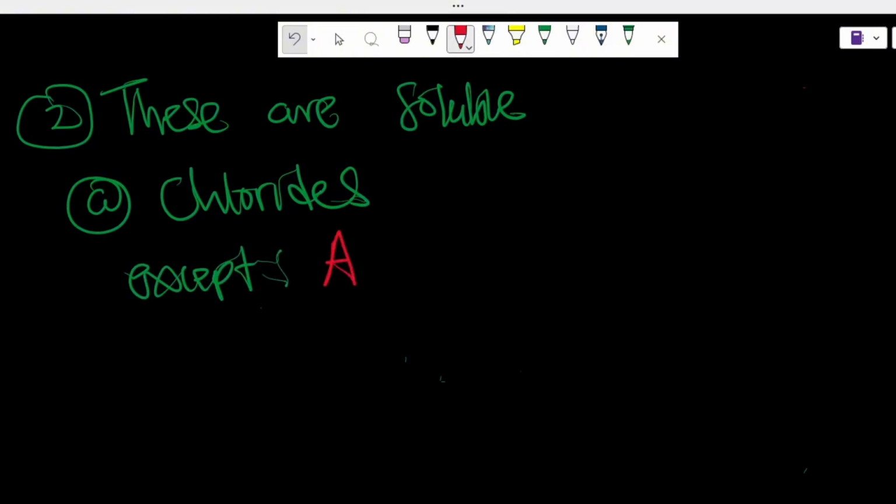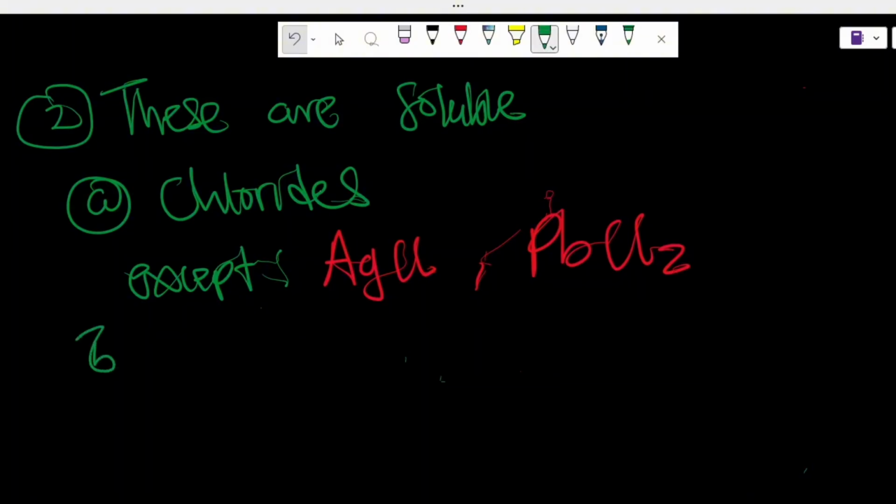So silver chloride is insoluble, and lead chloride also is insoluble. So all chlorides are soluble except silver chloride and lead chloride. And usually when you see silver chloride or lead chloride, even though these are chlorides, they are actually insoluble.